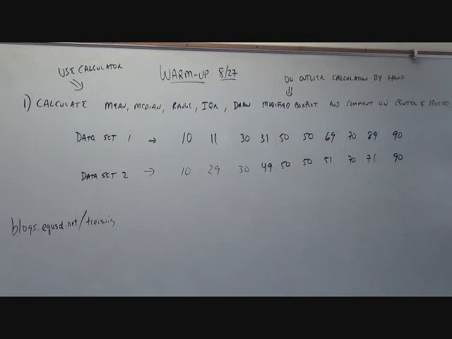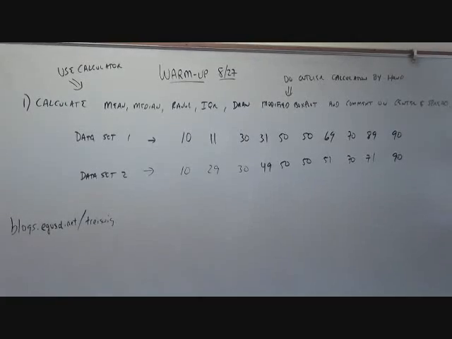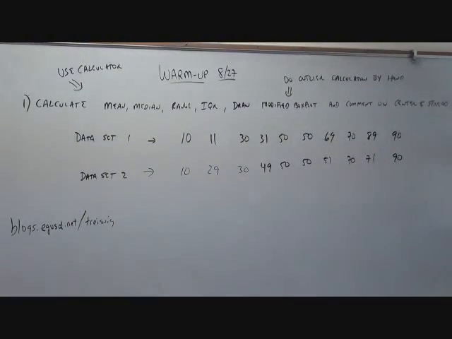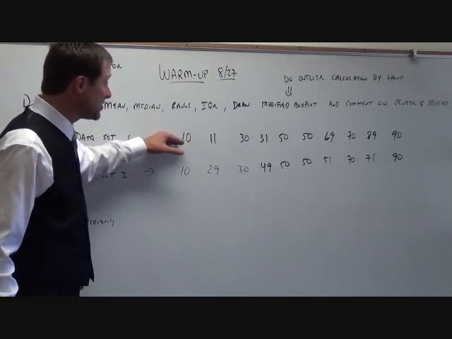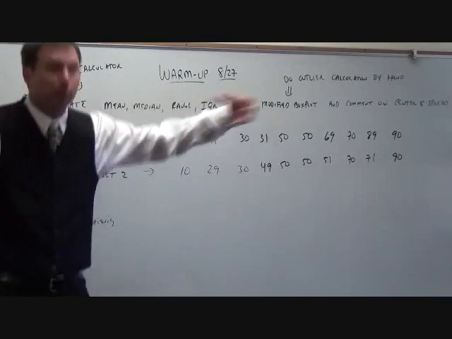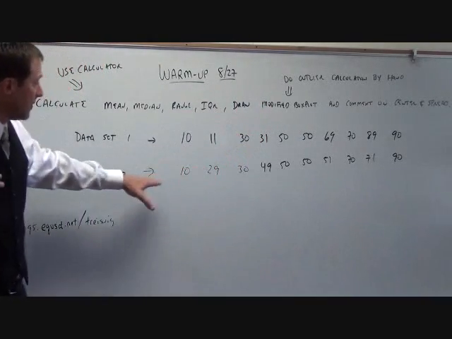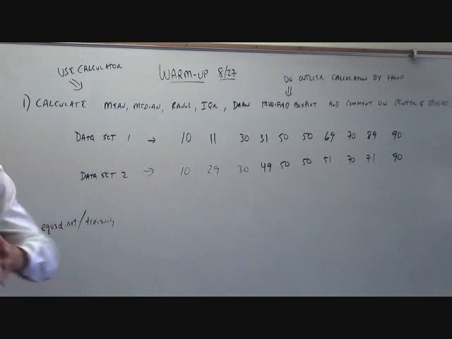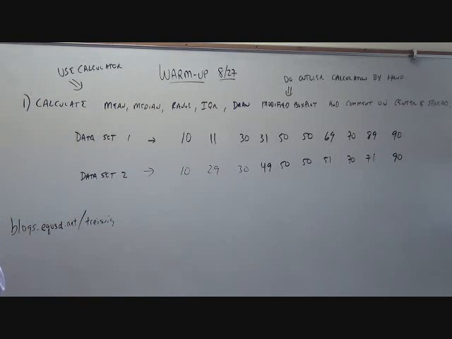There's only a couple of scores which do that, but the scores are, in general, closer to that 50 number than the other one. Using the words that I gave you last time we were together, variability, can we say then that this data set is more variable, more spread out, and this data set is less variable? The scores are a little tighter together. Does everybody see that now?